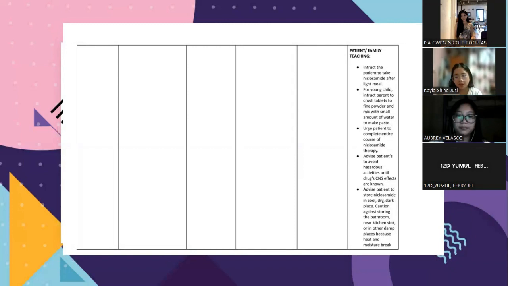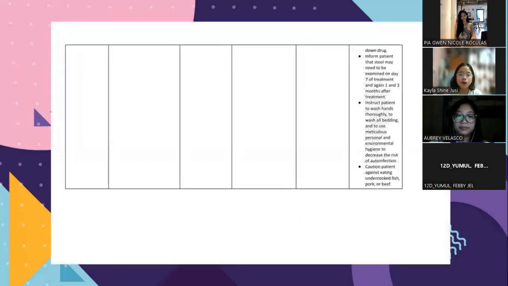Advise the patient to avoid hazardous activities until the drug's CNS effects are known, and to store the niclosamide in a cool, dry, dark place, and caution against storing it in the bathroom, near the kitchen sink, or in other damp places because heat and moisture break down the drug. Inform the patient that stool may need to be examined on day 7 of treatment, and again 1 and 3 months after treatment.